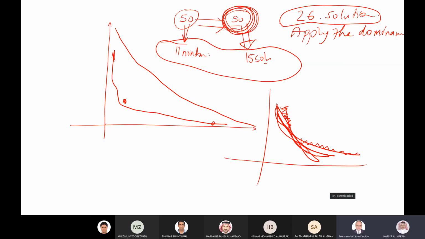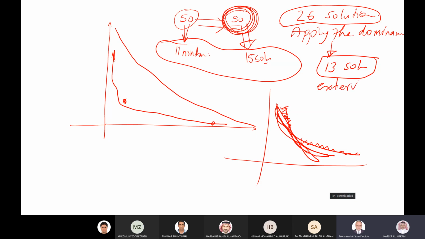So when you have 26 solutions here, and you apply dominance, you eliminate some. You can have, for example, 13, 14 solutions. Okay. Keep them as an external set. This will be the external set.